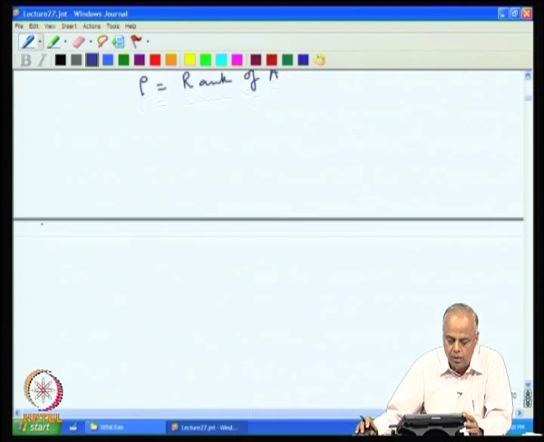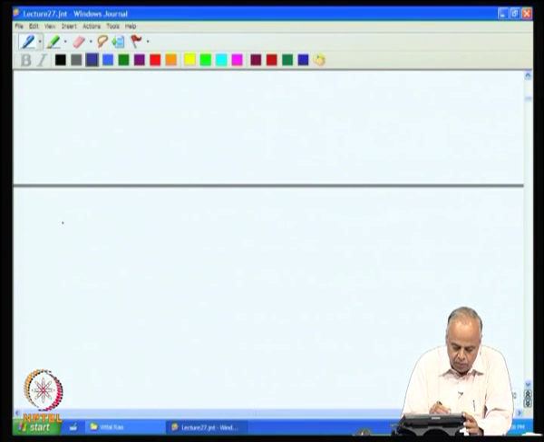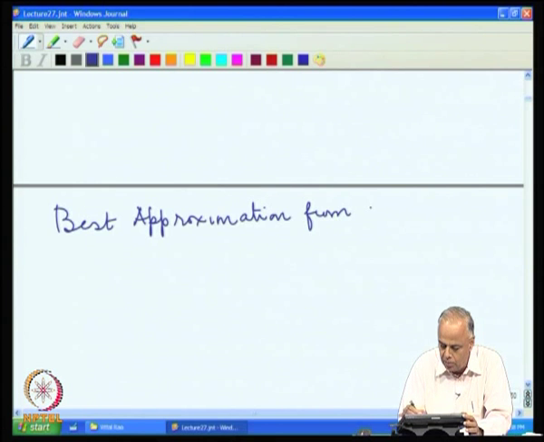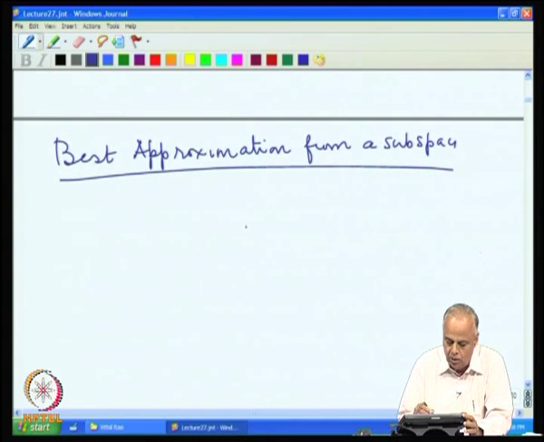We shall now look at one more property of the subspace, what is known as the best approximation from a subspace. So, what do we mean by best approximation?